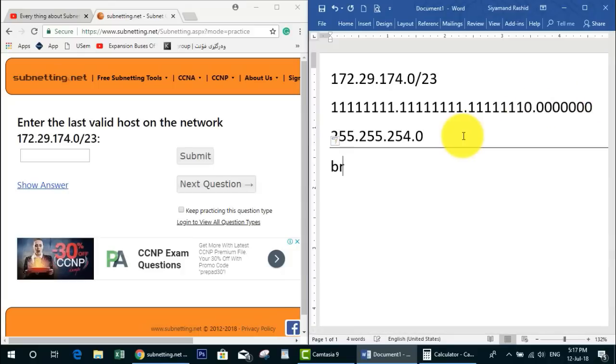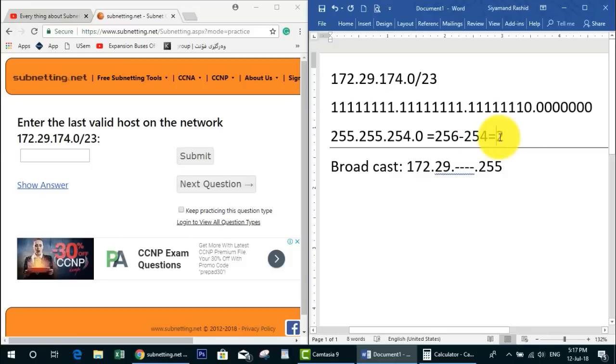So for the broadcast, 172.29.174, not 74. We said for broadcast, if we have 0, we use 255, and for 254, what we do is 256 minus 254 equals 2, and we increment by 2 until we get past 174.